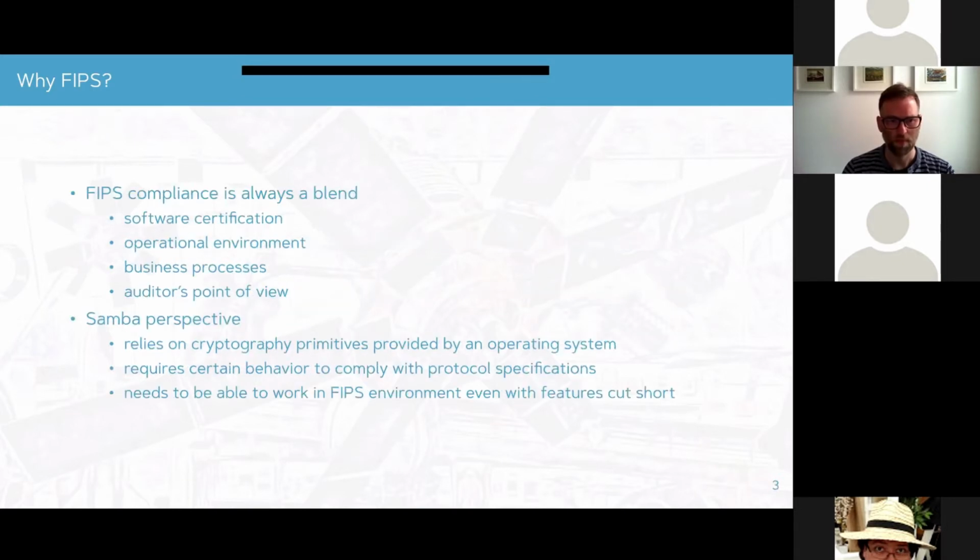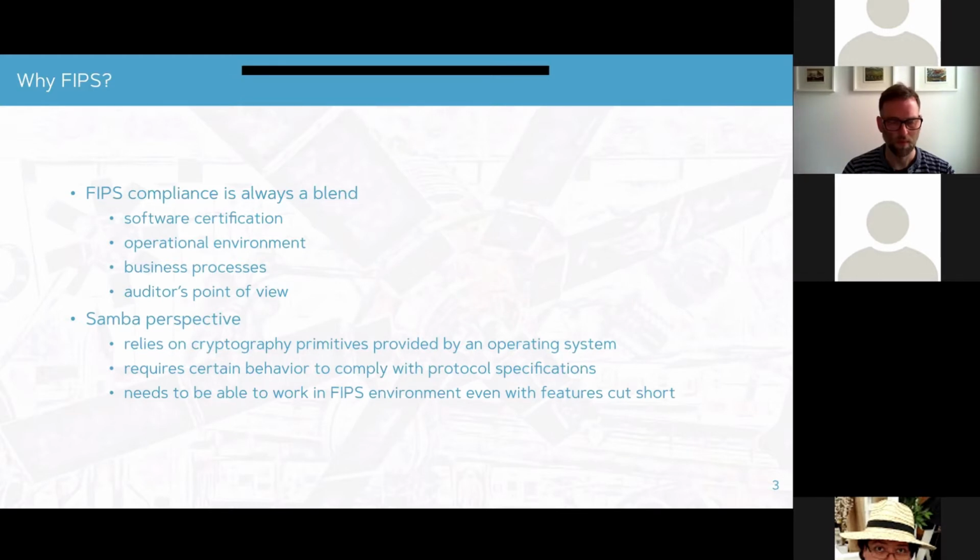But compliance with FIPS is always a blend. First, there is a certification process, which is really called validation. So FIPS validation is something that you would do for a cryptography module that implements certain cryptography primitives, and you validate that it operates as required.